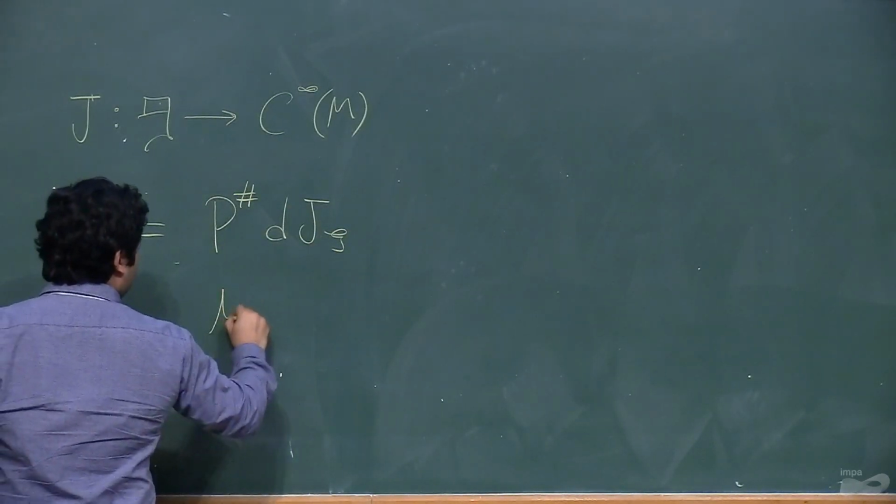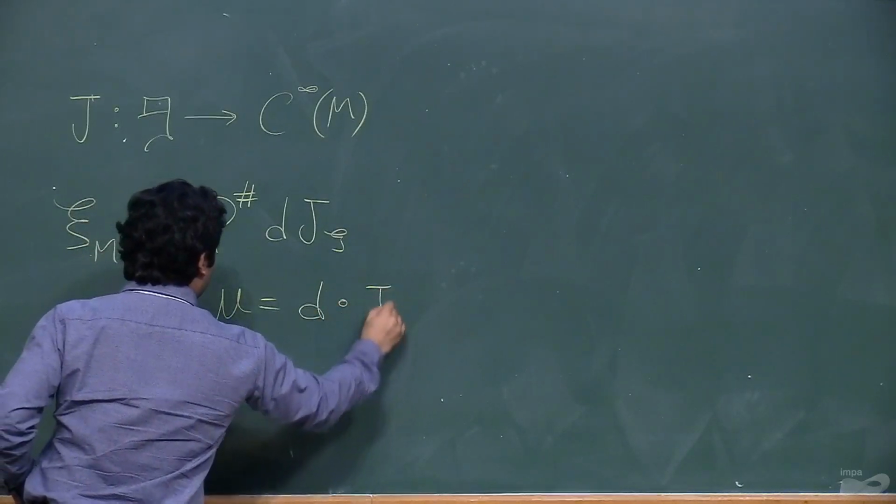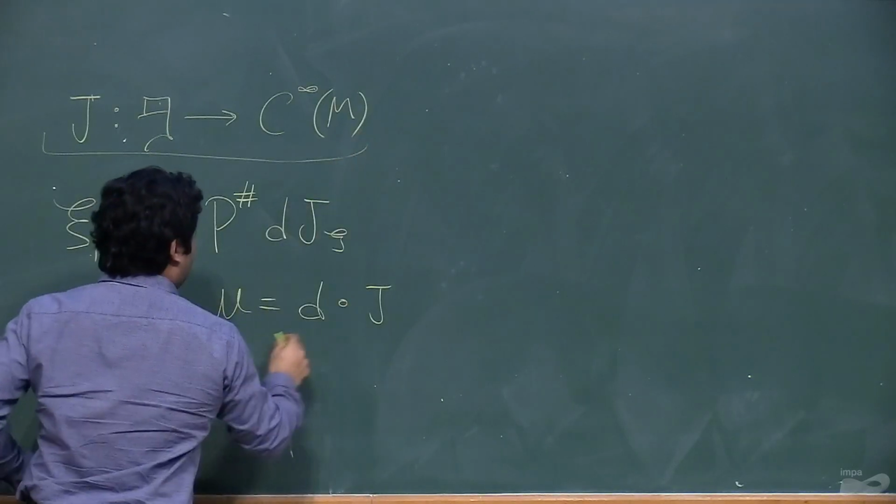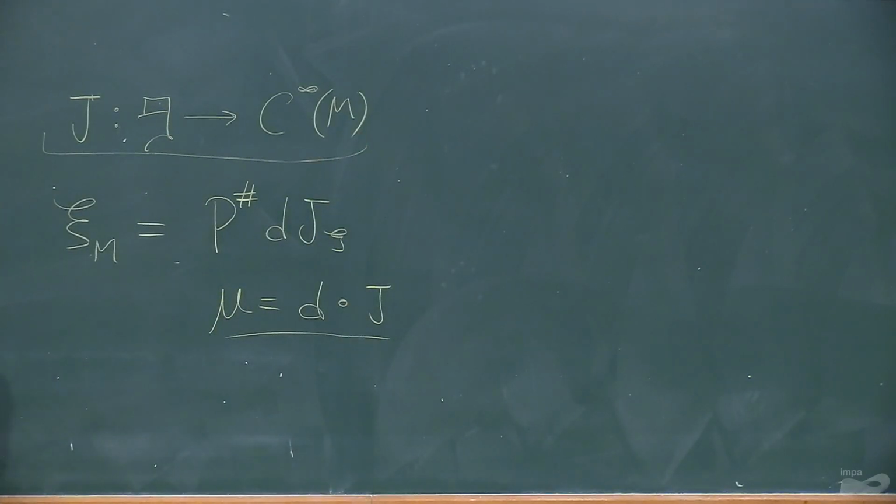And here, if we set mu as the composition of the differential with the map induced by the momentum map, then we have a cotangent lift, which takes values on exact forms.